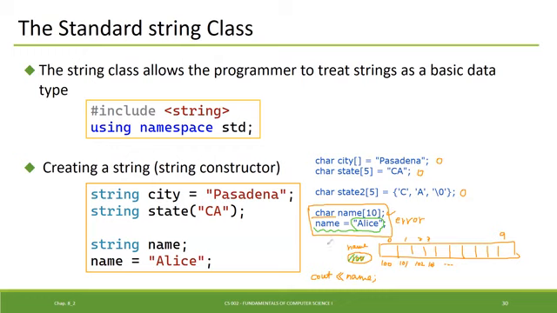At this line, the computer will try to save Alice in the space of name. It is not possible, okay? How can you do this instead of this? This is not possible, but I want to put Alice here. How can I do this? Any idea?